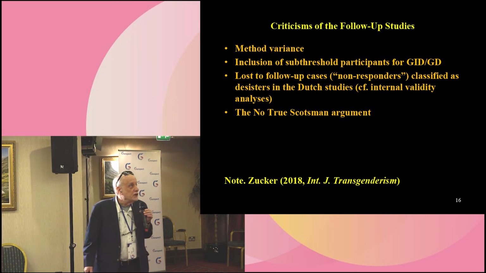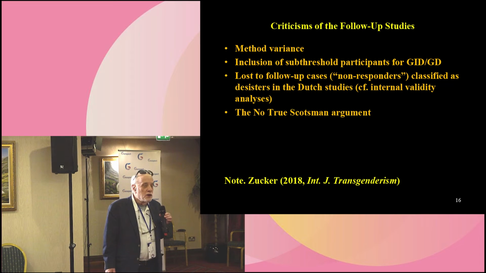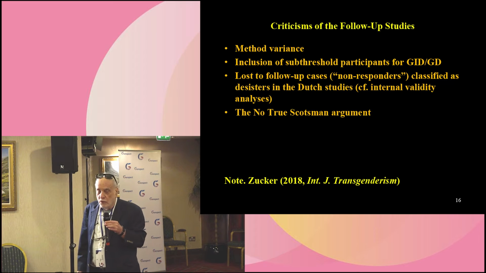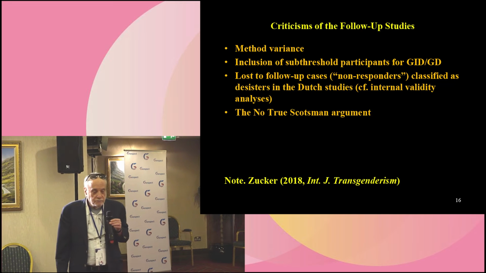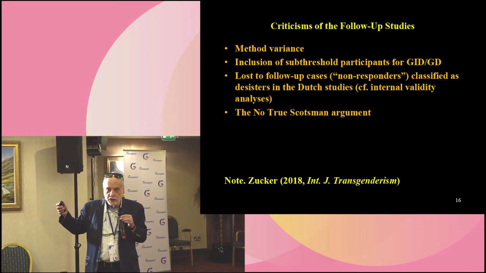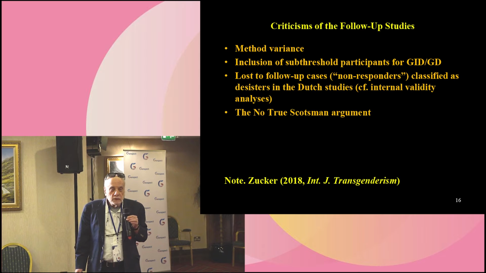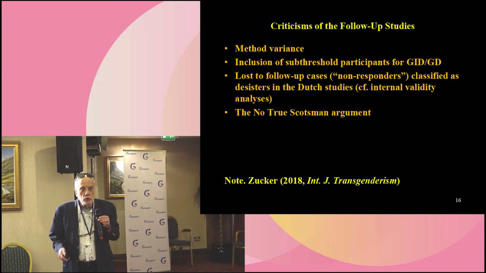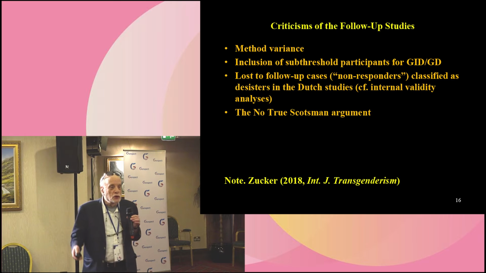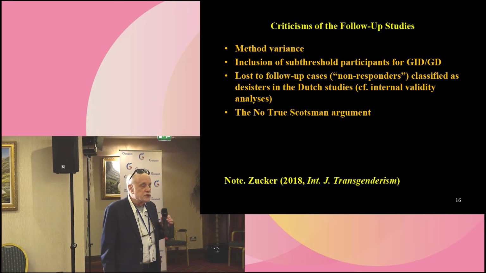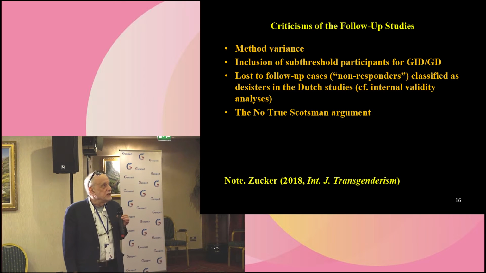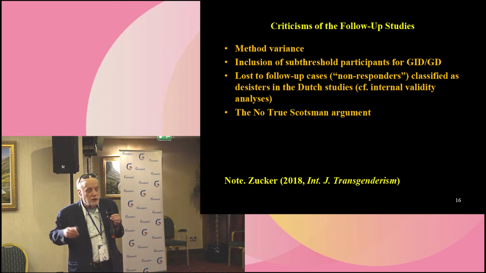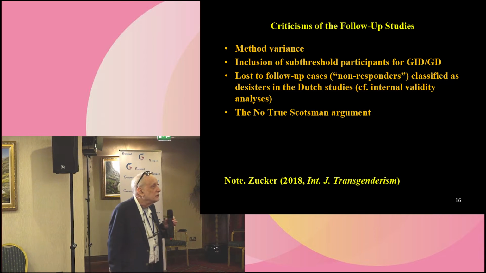Over time, the studies got better. Another criticism of the follow-up studies is that for those of us who use the DSM criteria, we did include kids in the follow-up studies who didn't meet the full criteria for gender dysphoria when they were first seen clinically. And that's a reasonable criticism, which I'll come back to.